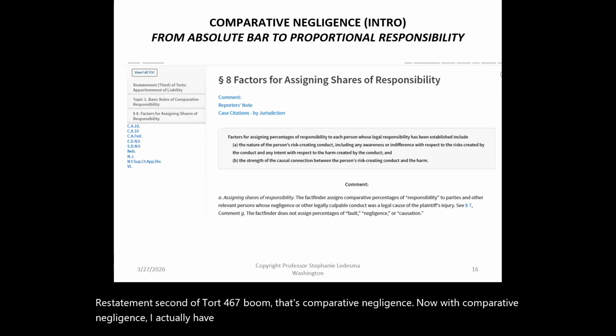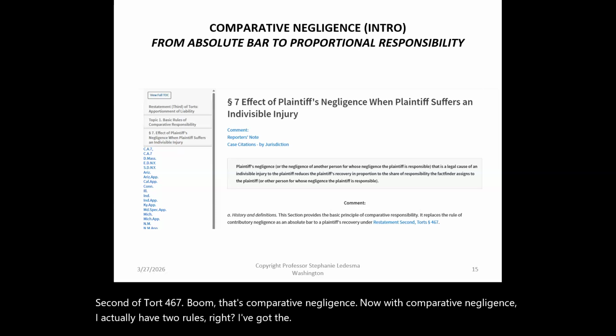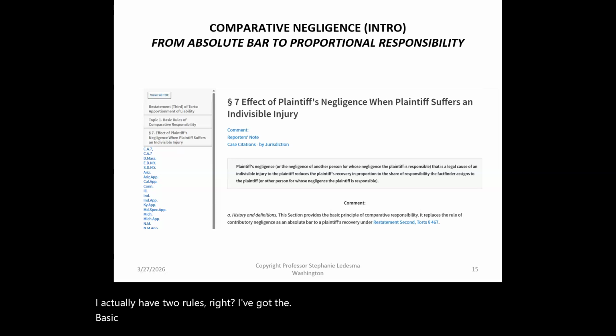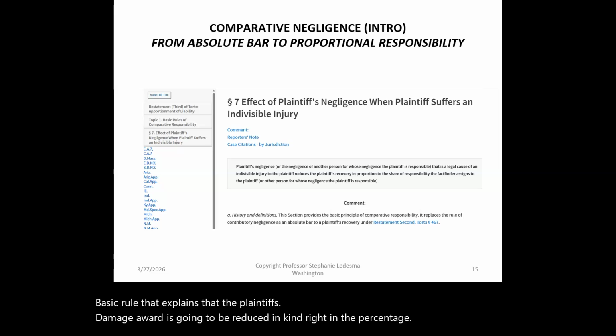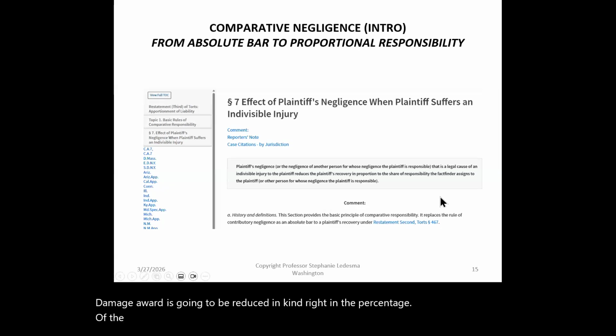I've got the basic rule that explains that the plaintiff's damage award is going to be reduced in kind, in the percentage of the liability that is assigned to the plaintiff.